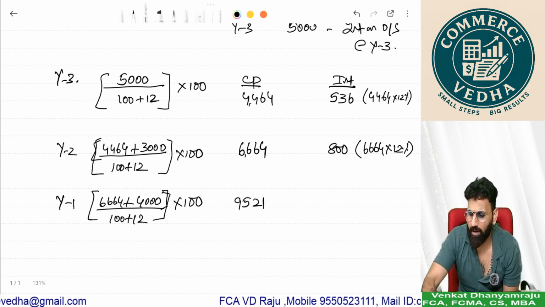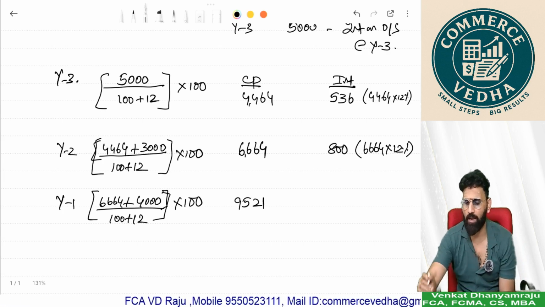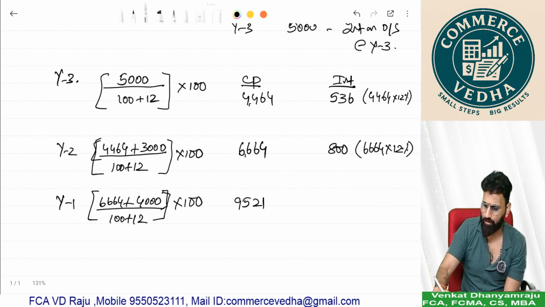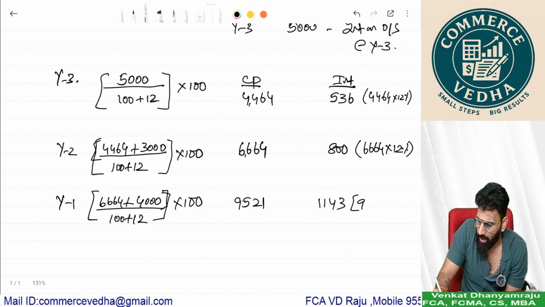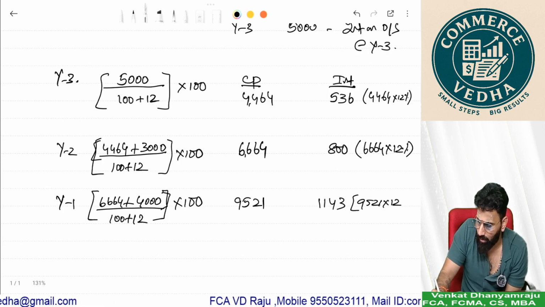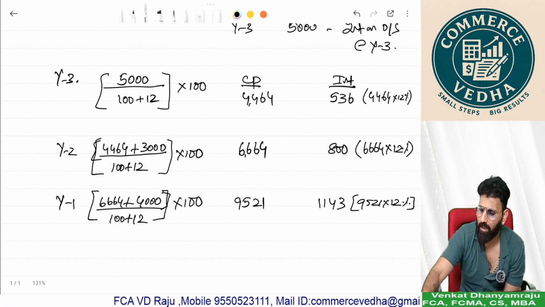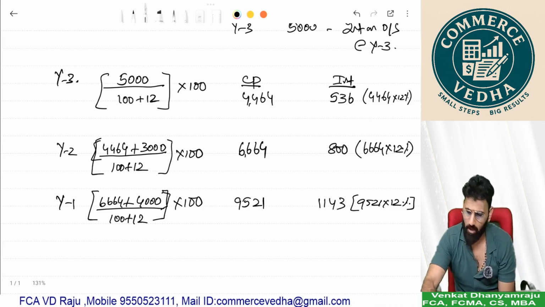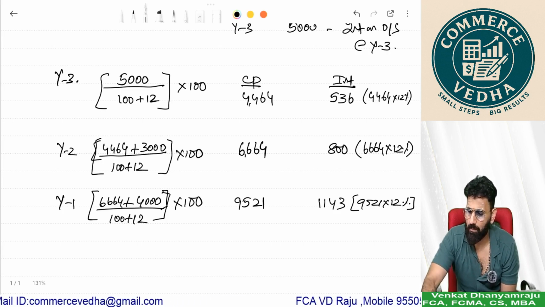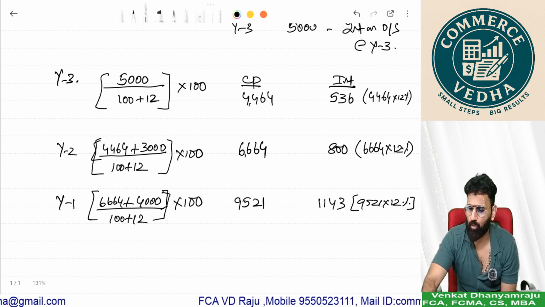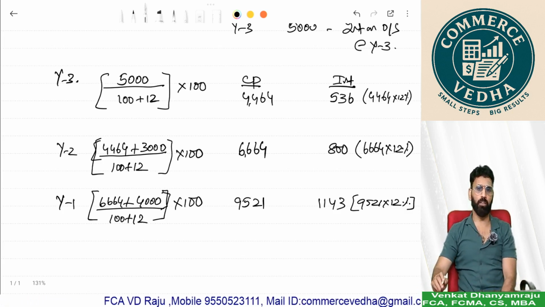And on 9521 you apply 12%, you get 1143 as the interest. Or you can say 9521 into 12%, or you can say 10,664 minus 9521, you get 1143 as the interest.